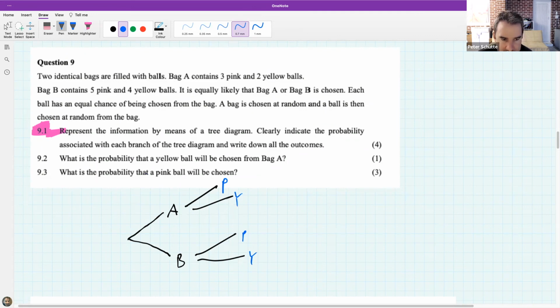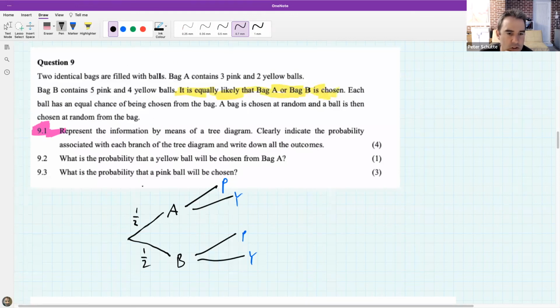So bag A and bag B, this is just going to be a half and a half because they're both equally likely. So it says in the question, equally likely bag A or bag B. And so that's why it's 50-50 or half-half.